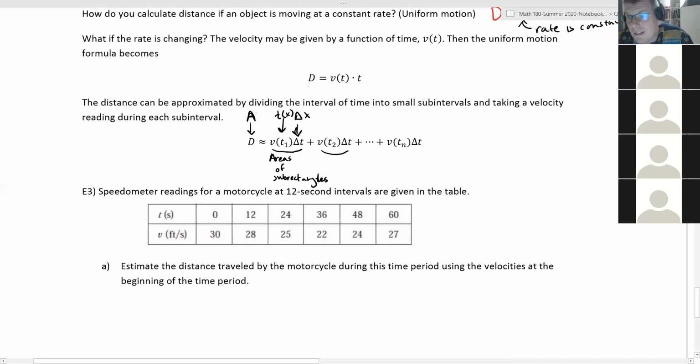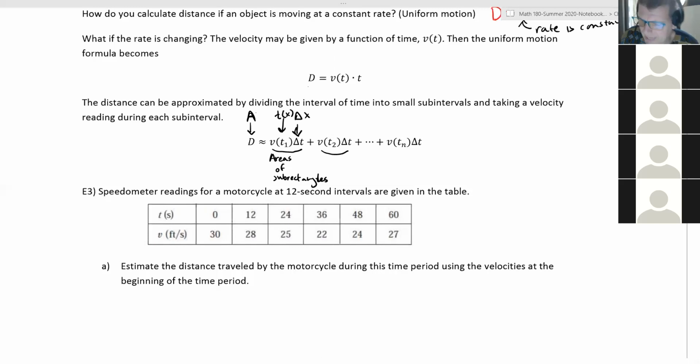And it turns out that this is exactly what's happening. The distance that gets traveled is going to be exactly the same thing as the area under the curve, the area under the velocity curve.